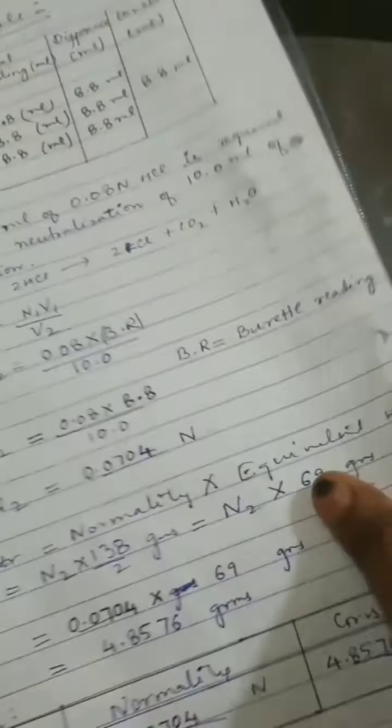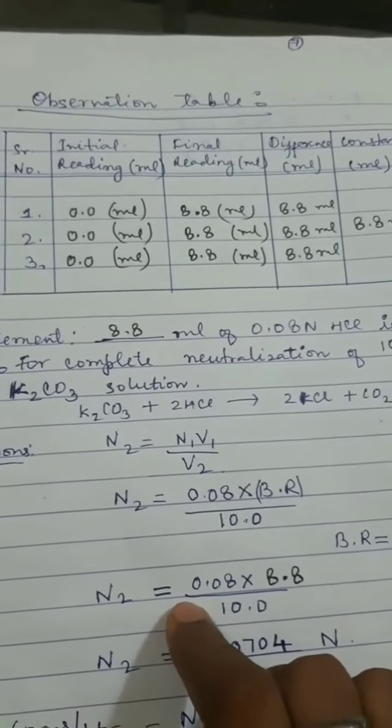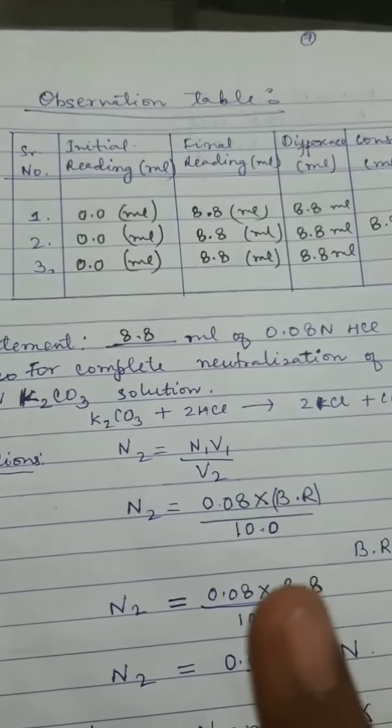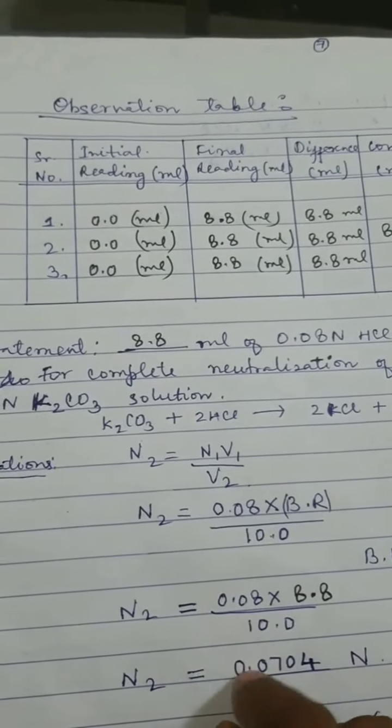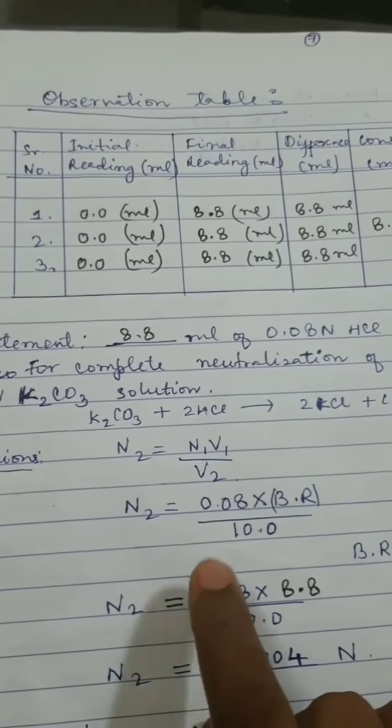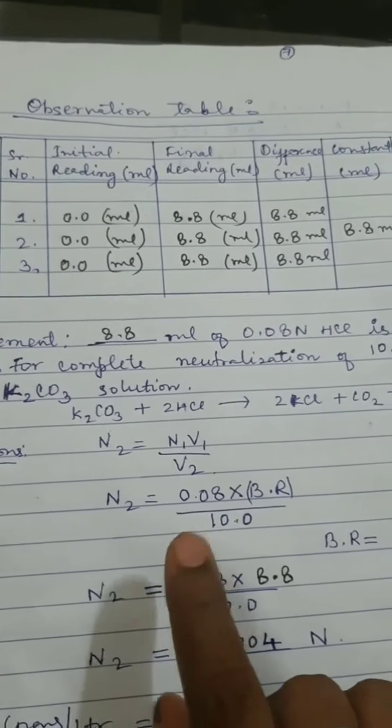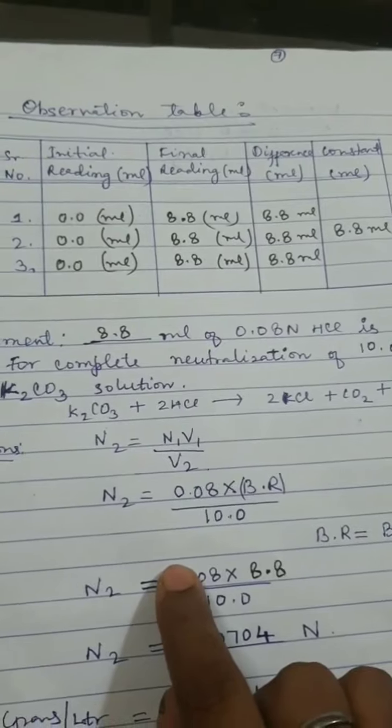Now how will you fill this? You have to make this observation table like this. For serial number, we have 3 points: 1, 2 and 3. That means we will be taking a minimum of 3 readings in this experiment.